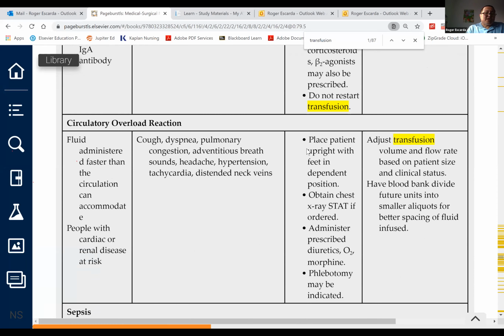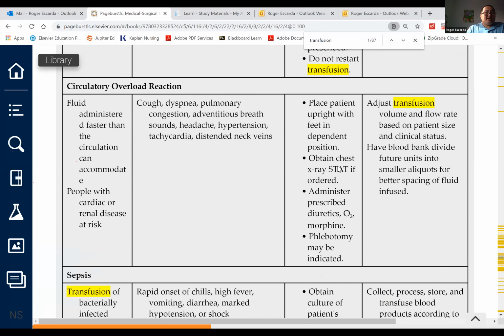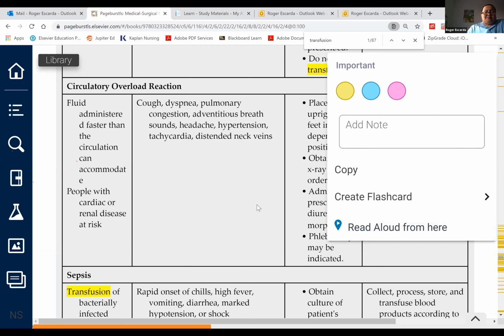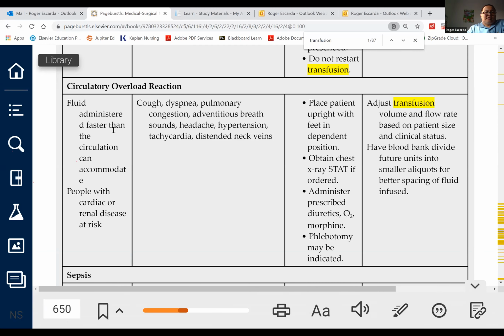Same thing: you stop the transfusion, call the doctor, and he may tell you to restart it slower, unless the patient can't tolerate it, then stop the transfusion. But you can prevent it in the first place. The doctor should anticipate circulatory overload, especially if the patient has heart failure.